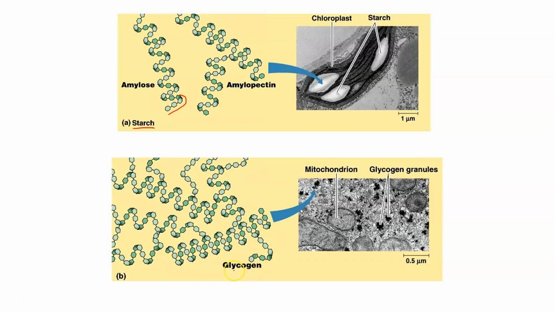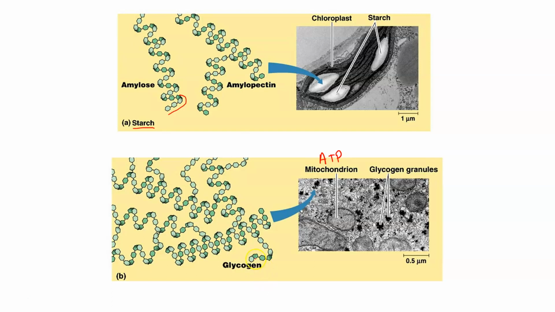In humans, and other mammals too, we make a molecule to store energy known as glycogen, and then we break this down inside of our mitochondria, and that allows us to make a molecule known as adenosine triphosphate. So we can store energy in the form of glycogen.